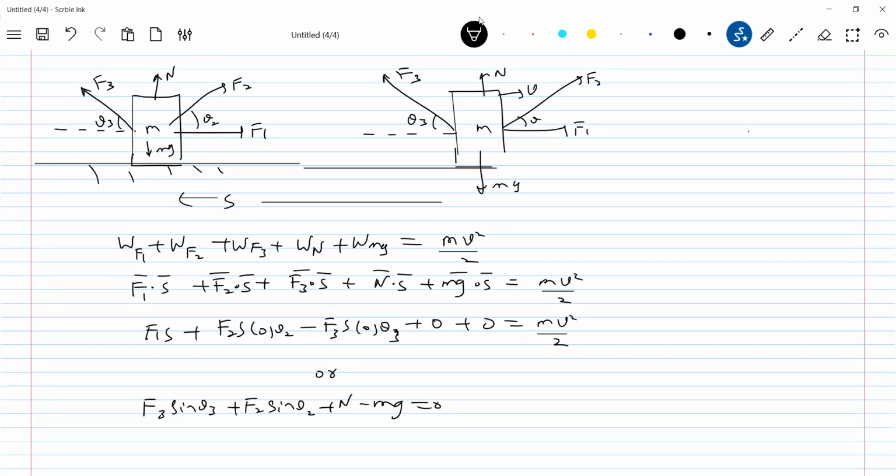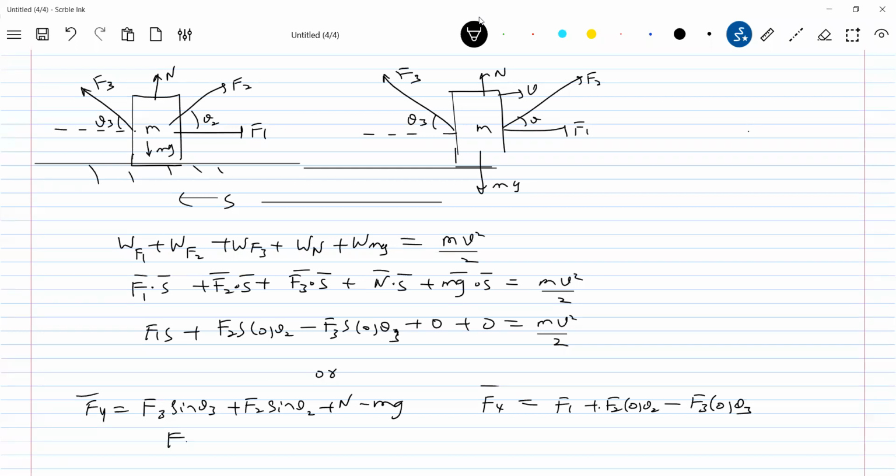Then the resultant force along the x-axis. And this is the y component of force, no? I'll call this the y component. Then I'll calculate the x component. What is the x component? F1, F2 cos theta minus F3 cos theta 3.